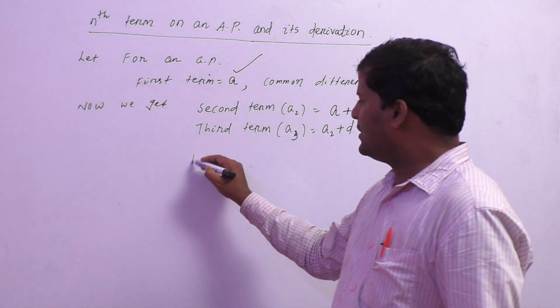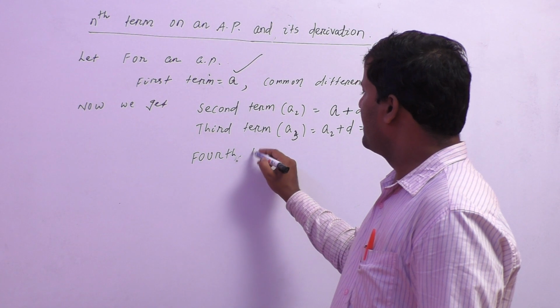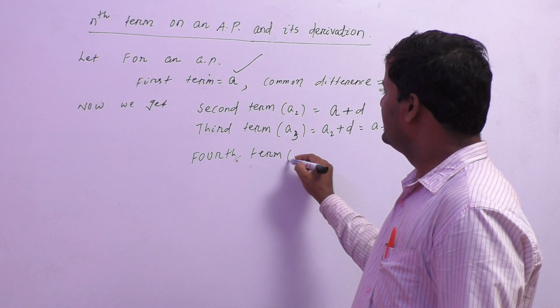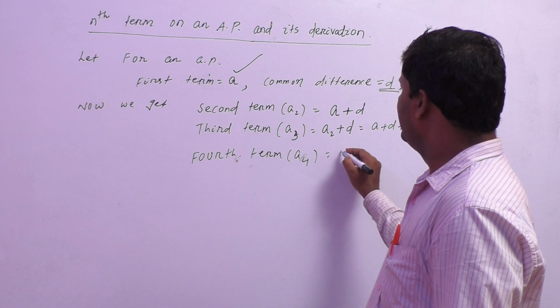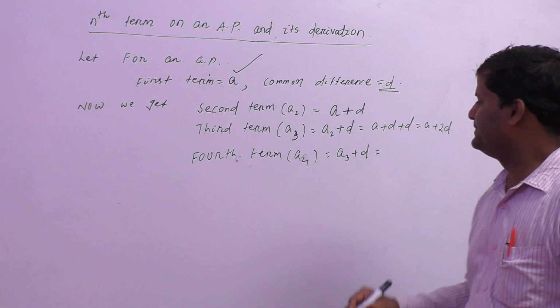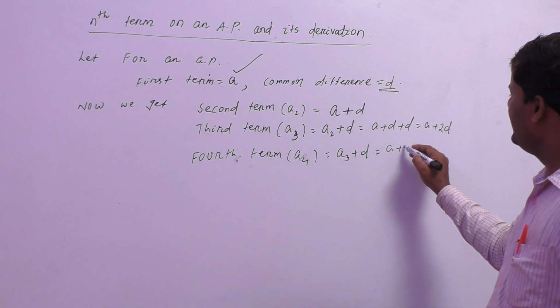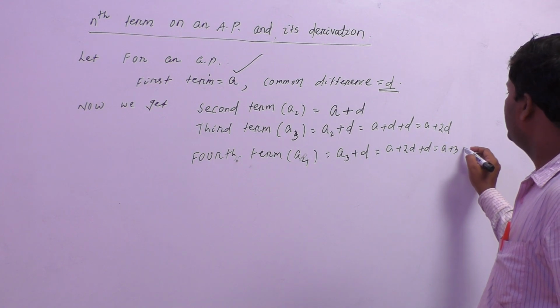Now if you say the fourth term, a4, you will get the third term again plus the common difference, that is a plus 2d plus d, which is becoming a plus 3d.